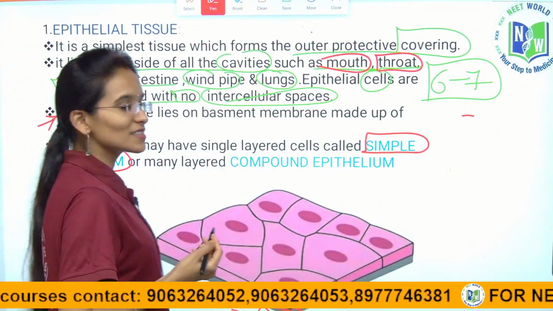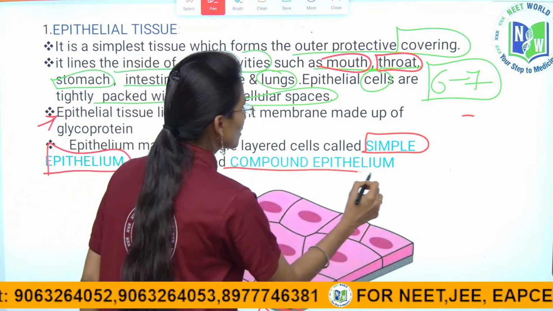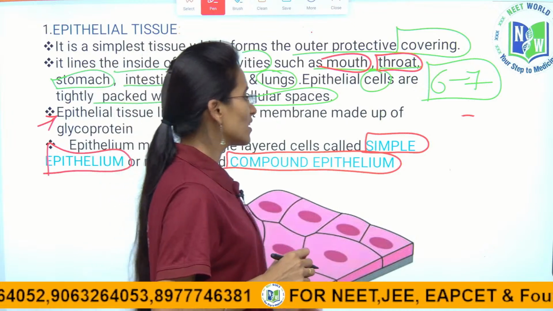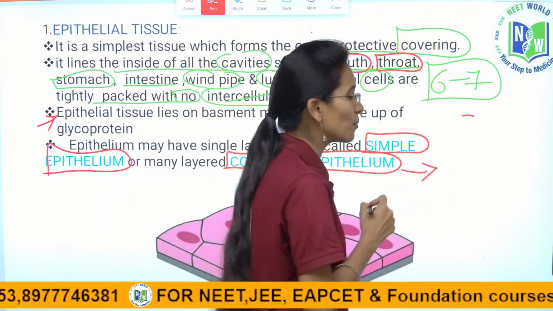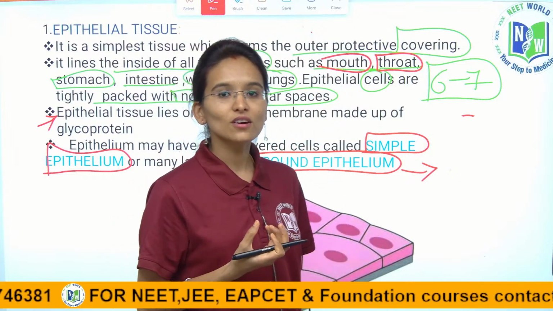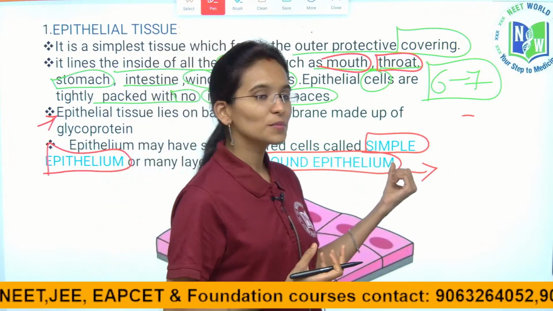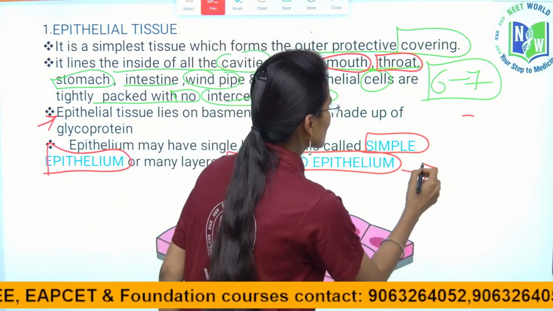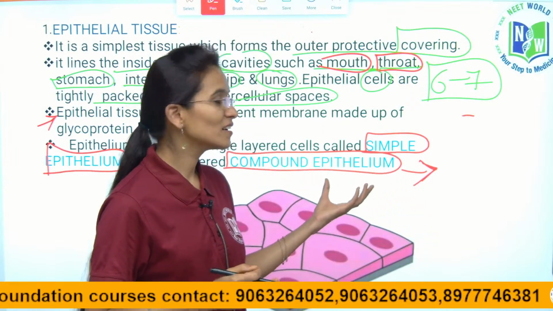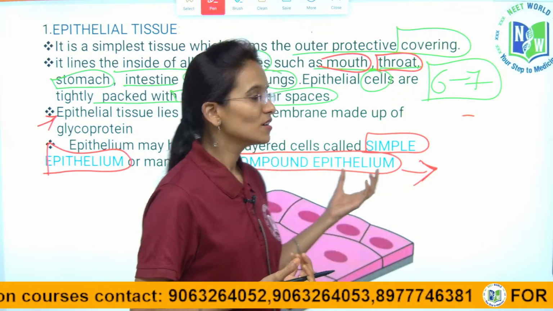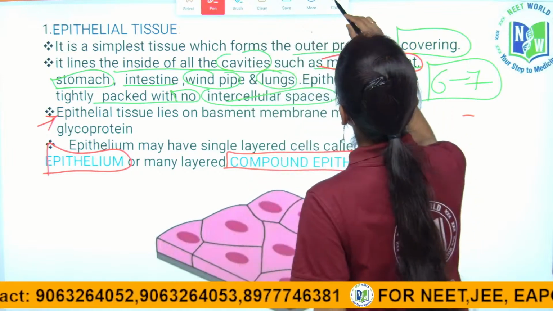Simple epithelium means only a single layer of cells is present, and the next one is the compound epithelium. This compound epithelium is also important. When it comes to compound epithelium, you need to focus on just the functions, children. No need to remember the diagram, and functions are going to be most important. In the compound epithelium, instead of a single layer, we find multiple layers of arrangement. So, based on arrangement, two types: simple epithelium and compound epithelium.